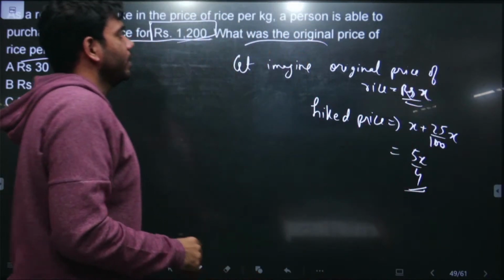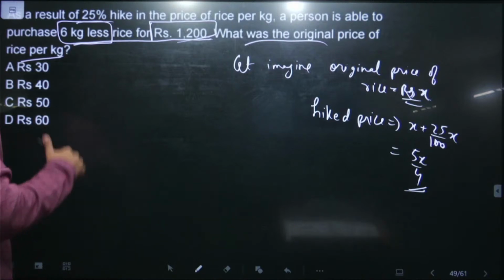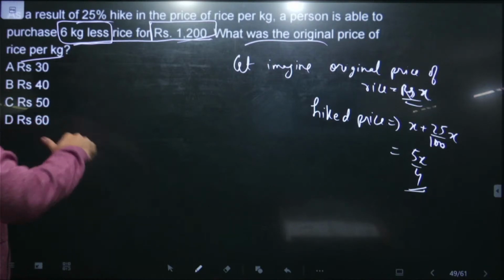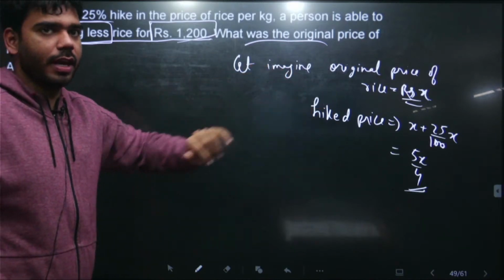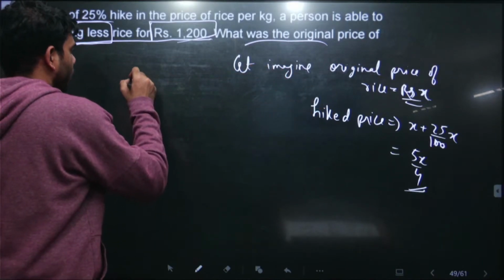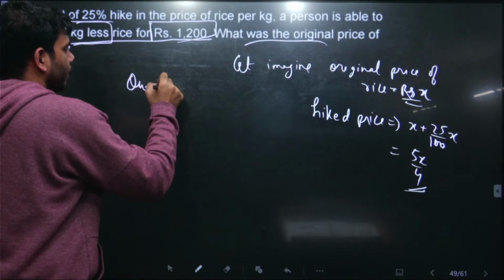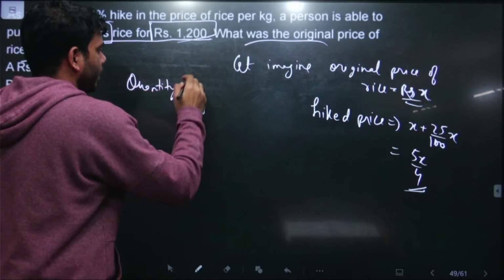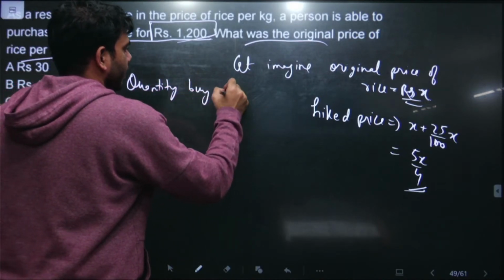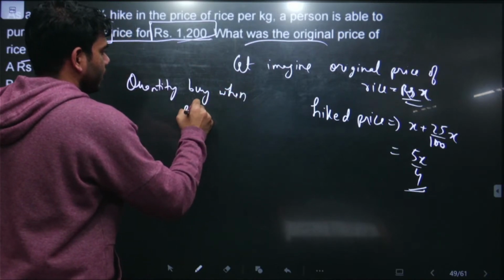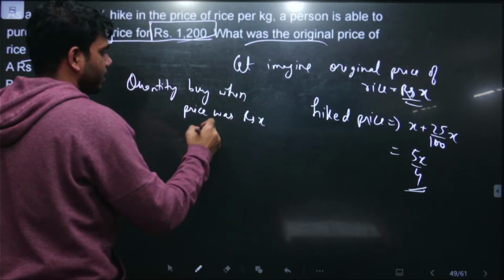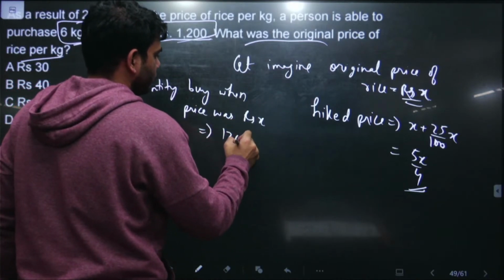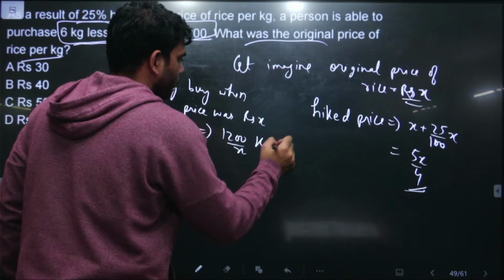अब इसके बाद हमको बताया गया है कि with this hiked price he can buy 6 kg of rice less compared to without this hiked price. In the sense, the quantity he can buy when price was rupees X, originally जब X था, was 1200 upon X kg. इतना वो buy कर सकता था.